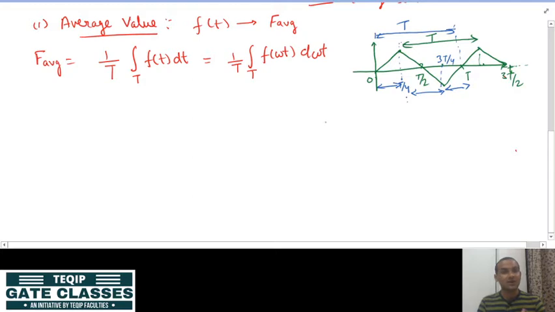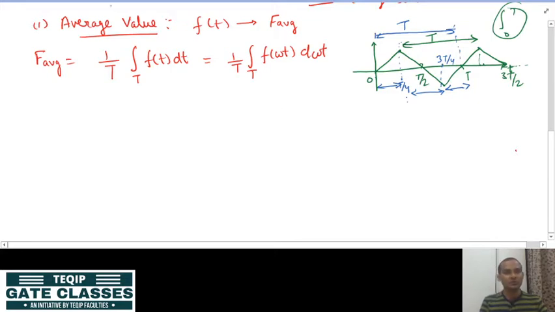With respect to this advantage, I have written this integration over one time period, and also I have shown you this generalized equation, because when we study 3-phase circuits, the integration over 0 to T might not work. So, it is not a hard and fast rule that you always have to take 0 to T. You can take any time period which requires less calculation or less breaking of the function.